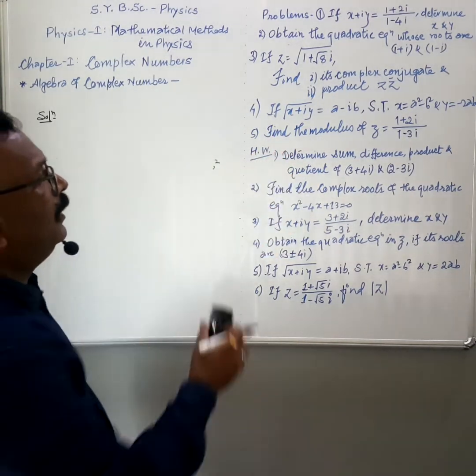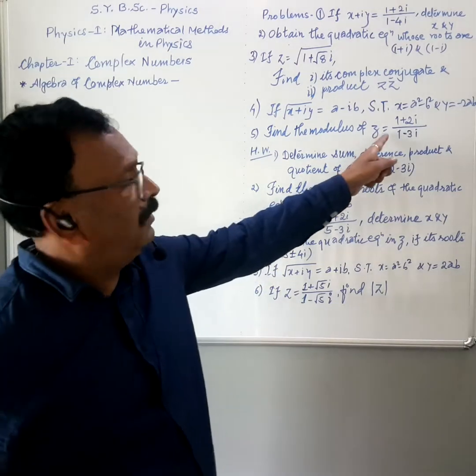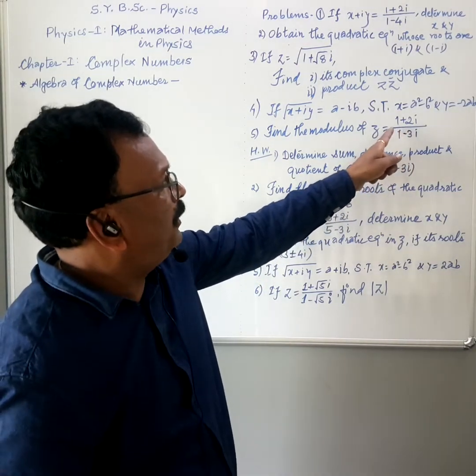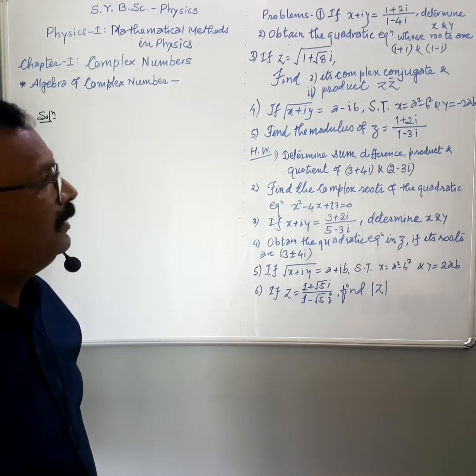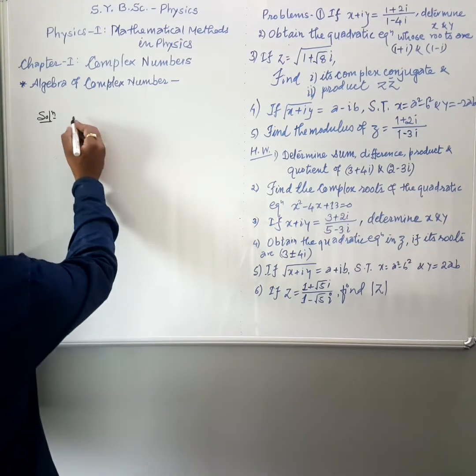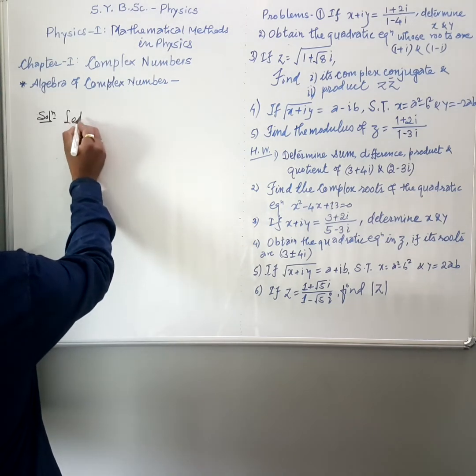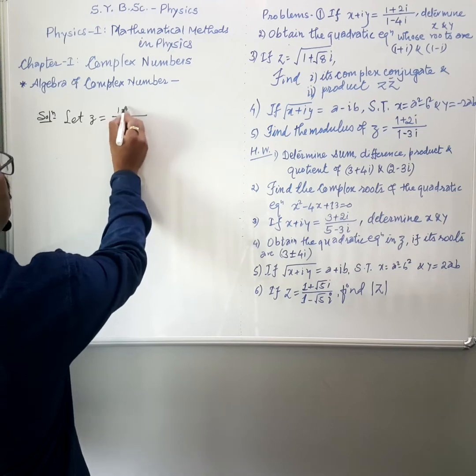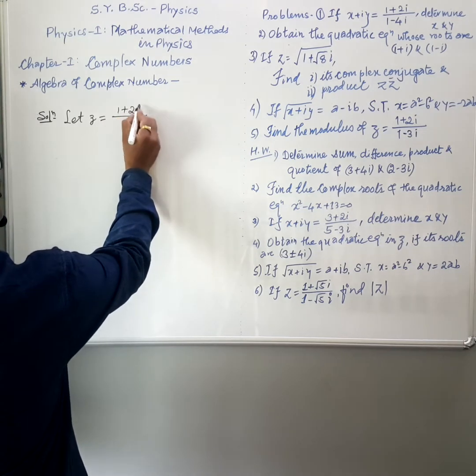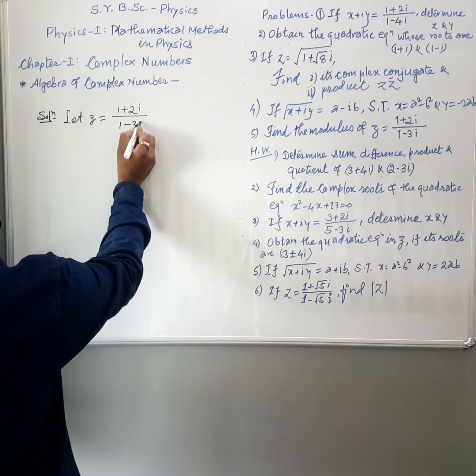Find the modulus of z, where the value of z is (1 plus 2i) upon (1 minus 3i). Solution: let z is equal to (1 plus 2i) upon (1 minus 3i).